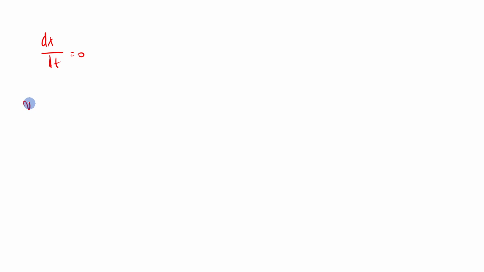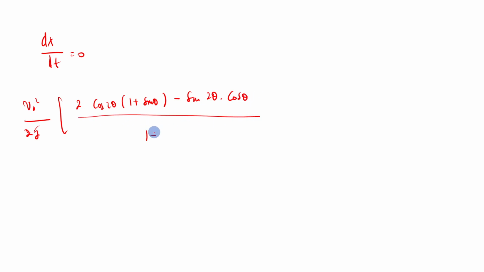Of course, we get the partial derivative: 2 cos 2 theta times 1 plus sin theta minus sin 2 theta times cos theta, divided by 1 plus sin theta, of course, equals 0.